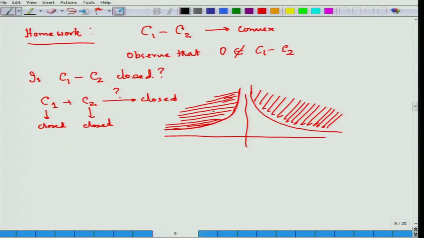Take a point here and take a point here. So, this is my C1 and this is my C2, both are closed and both are disjoint from each other. In fact, of course, disjoint is not needed. I want to construct C1 plus C2. So, I take a point here, I take a point here, I do the vector addition. Okay, let us take this point here. So, I do this vector addition, I get a point here.